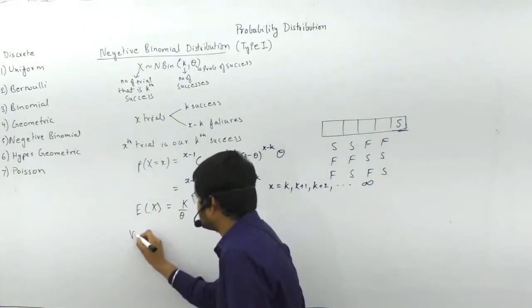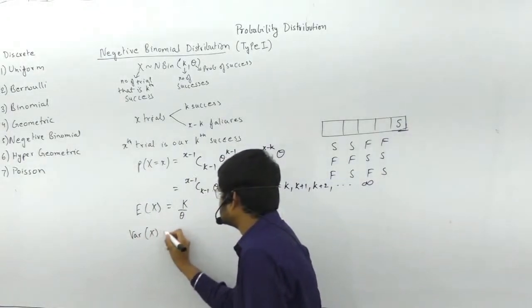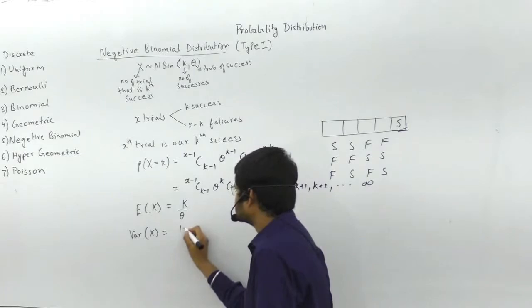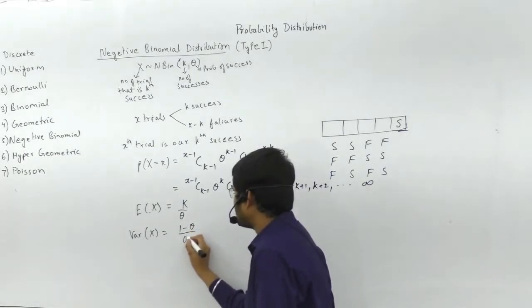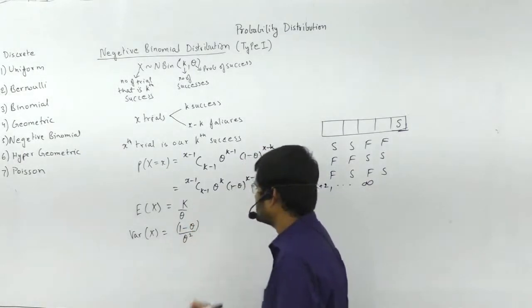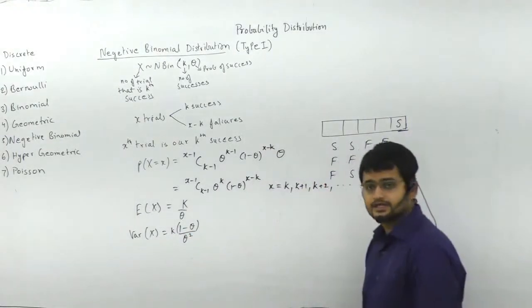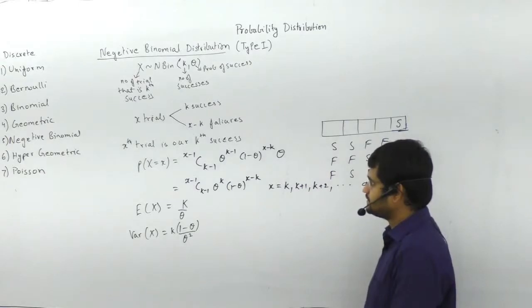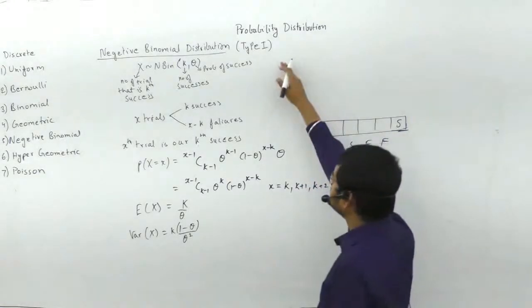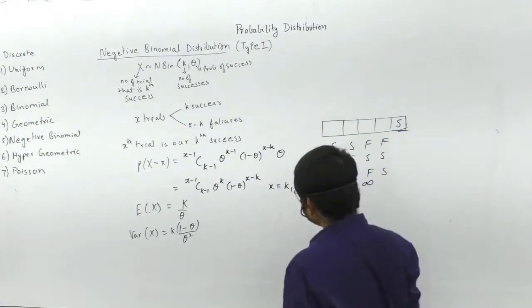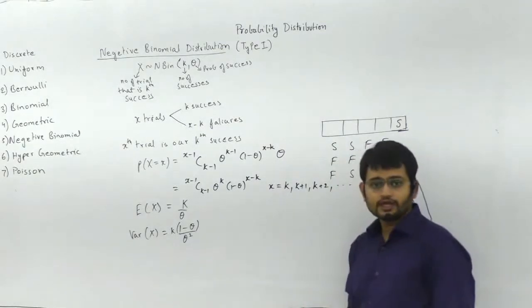Similarly, for variance, for one geometric distribution we had 1 minus theta upon theta square, so for k we'll have k times 1 minus theta upon theta square. Now if we have type 1 negative binomial, we similarly have type 2 negative binomial.